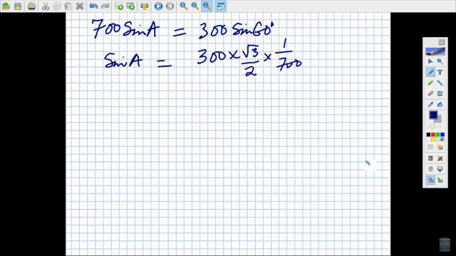That will give us sine A to be equal to 150 root 3 divided by 700.